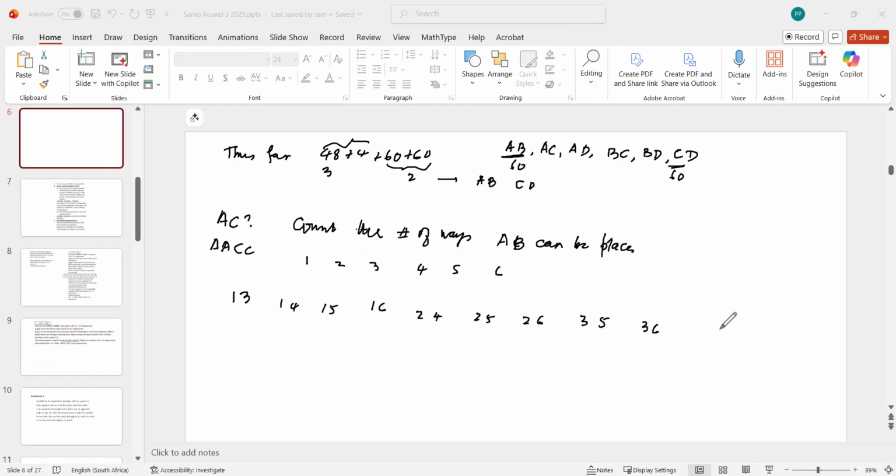All right. And then starting with 4, you can only put 4, 6. Now in this case here, the B can be put in only one place, in the second position. Here, the B can be put in 2 places. You can put it in 2 or 3 in that situation.